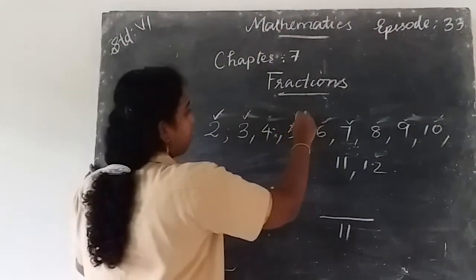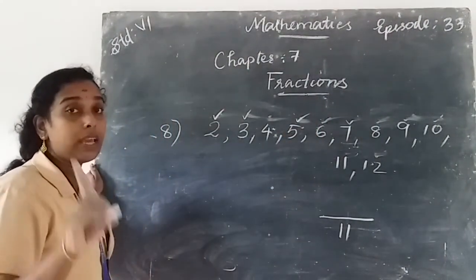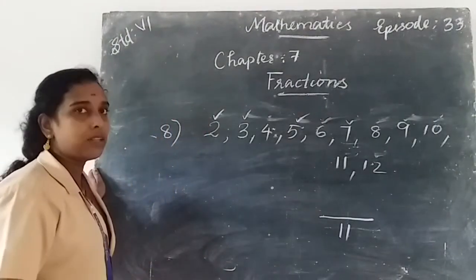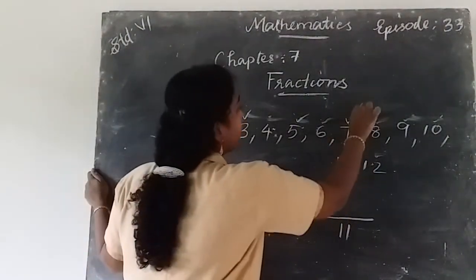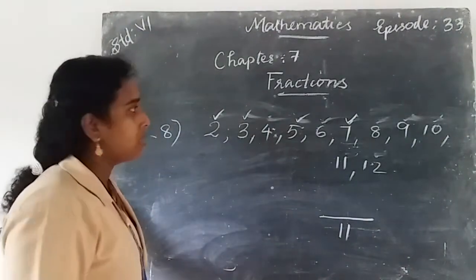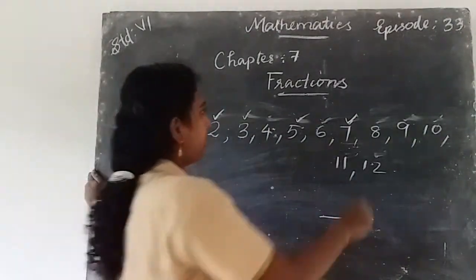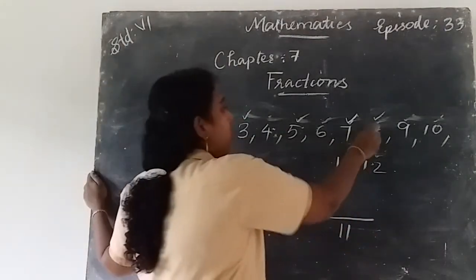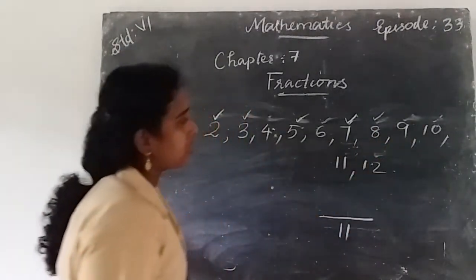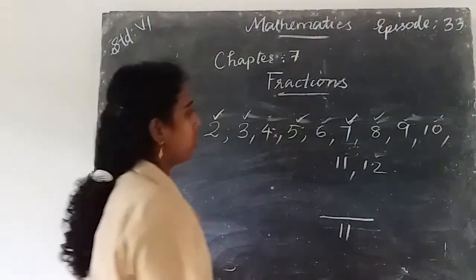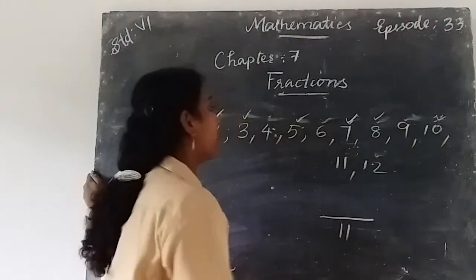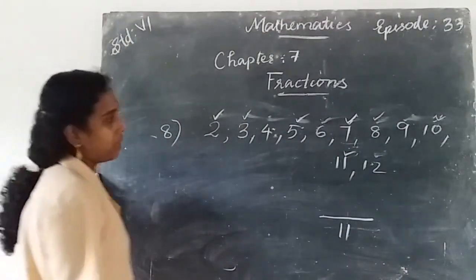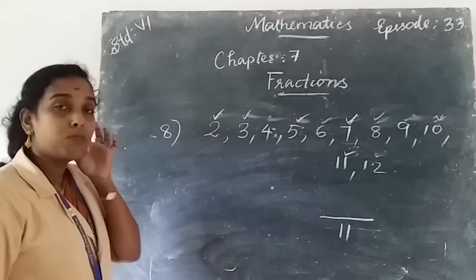Here 5 is a prime number, 5 has only 2 factors, 1 and 5. 6 has more than 2 factors, and 7 has only 2 factors, 1 and 7. 8 has 1, 2, 4 and 8 as factors, and 9 also has more than 2 factors. 10 also has more than 2 factors. 11 has only 2 factors, 1 and 11. And 12 has more than 2 factors.